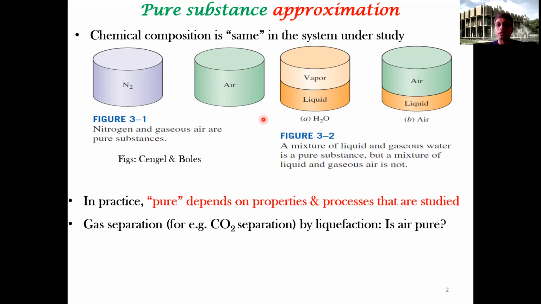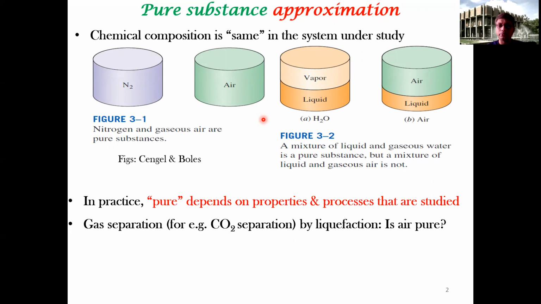But if you're going to separate these gases by liquefaction, would you consider that to be pure? I don't think so, because if it's a pure substance, everything would liquefy at a sharp temperature. But if it's an impure substance, different gases will liquefy at different temperatures. So we have to look at greater details when we are defining pure substance.